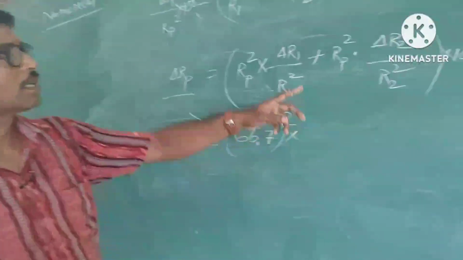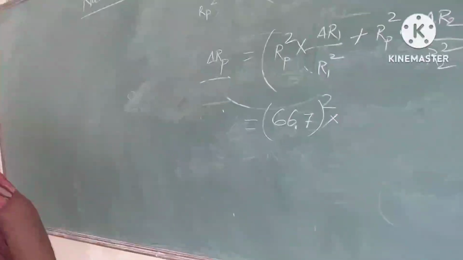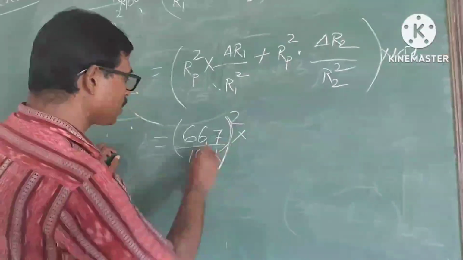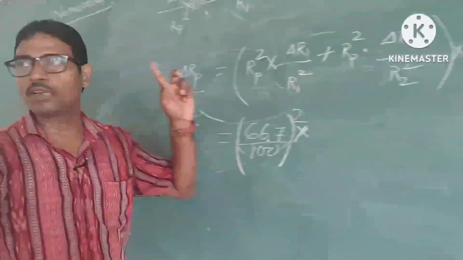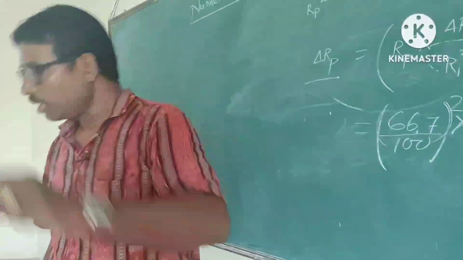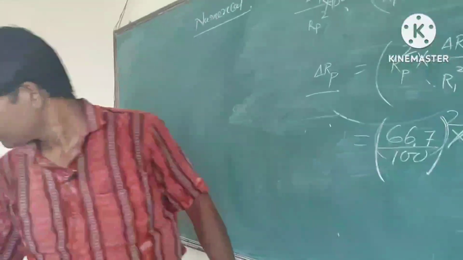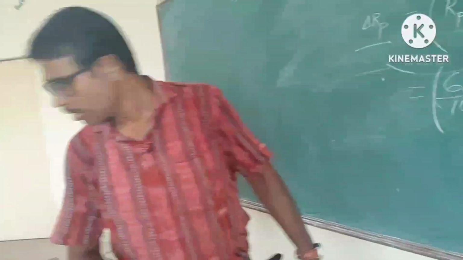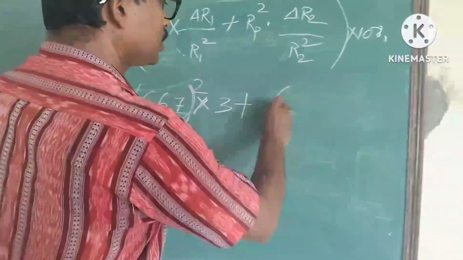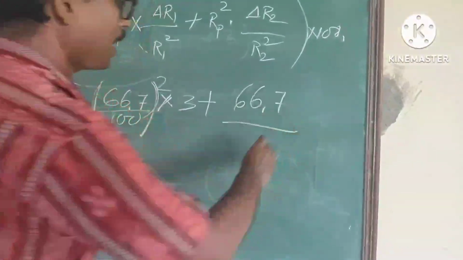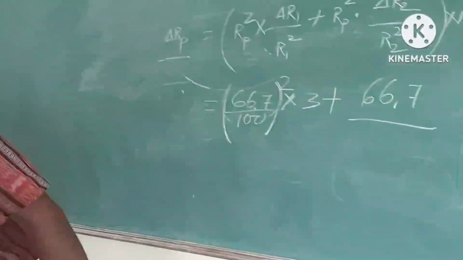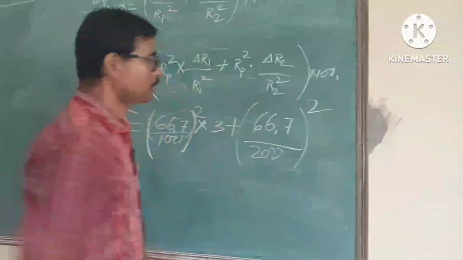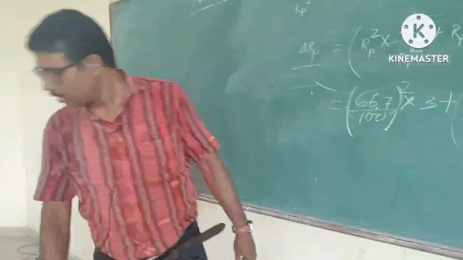Here R1 is 100, so 100 square, into the error value that is 3, plus 66.7 by the first one 200, into 4.